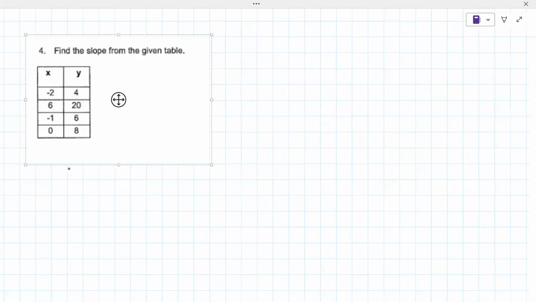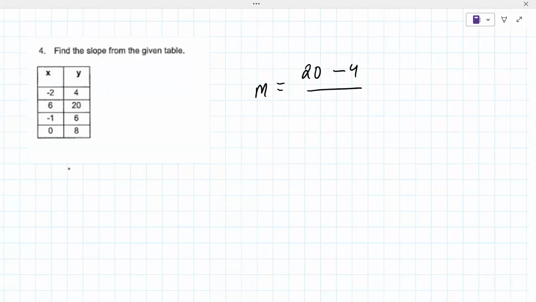It's up 1 on the x and up 2 on the y, so the slope is... no, sorry, it's adding one on both sides, so just 2. So is your final answer a slope of 2? Yeah. All right, that is correct.